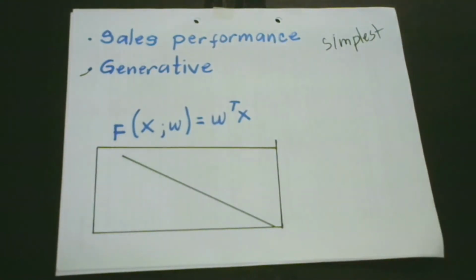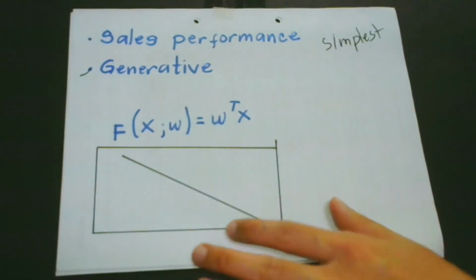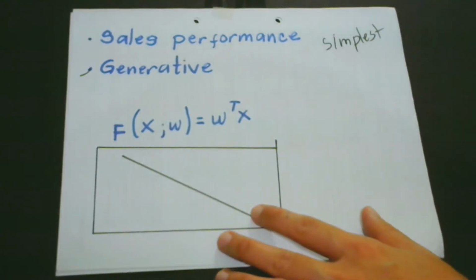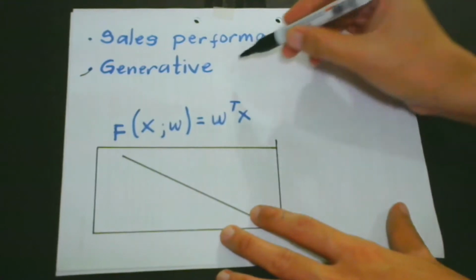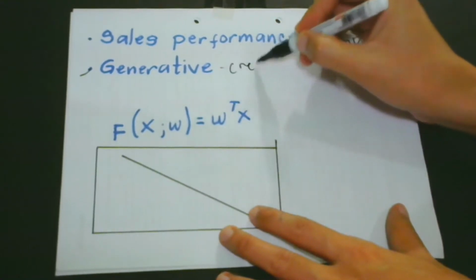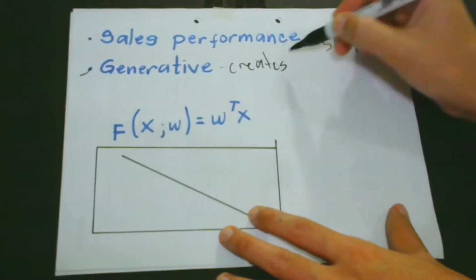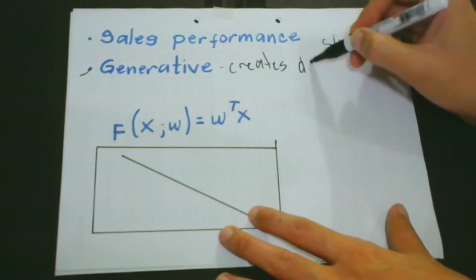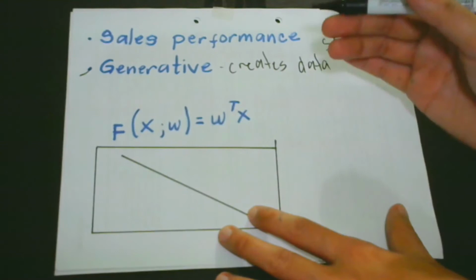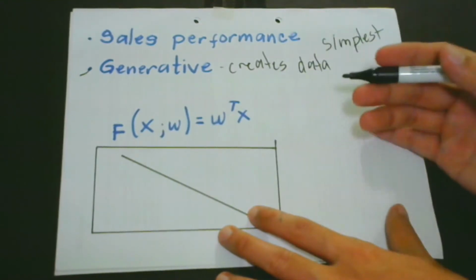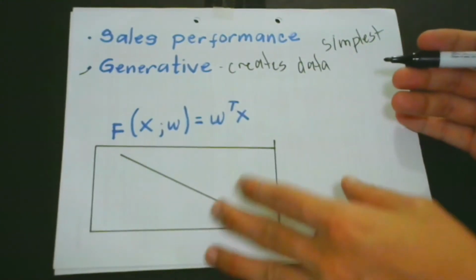And maybe at this point you would like to ask me, Joseph, what do we mean by generative? It means that a certain model creates data. Let me write here. A certain model creates data. Having this kind of model is actually a very good strategy.